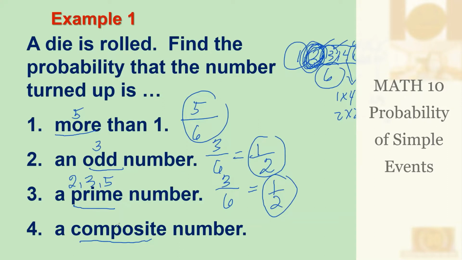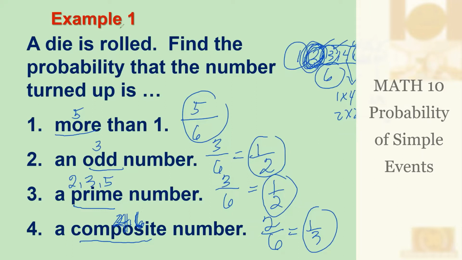So 4 and 6 only, and there are 2. So 2 over 6, reduced to lowest terms, is 1/3.